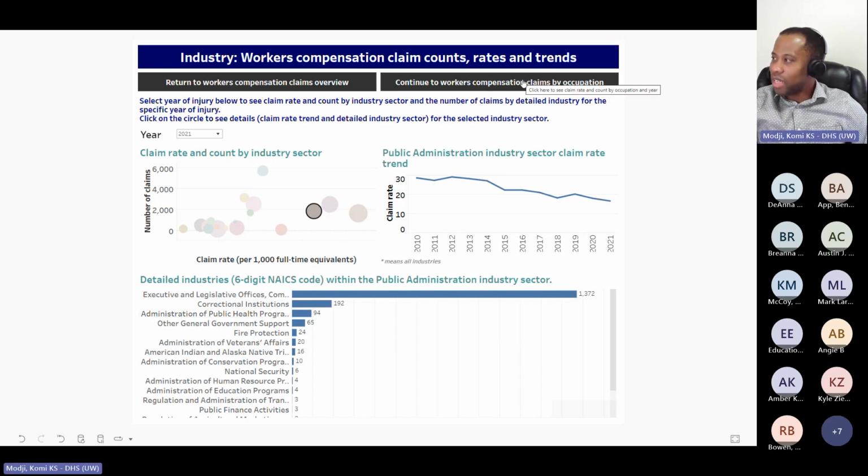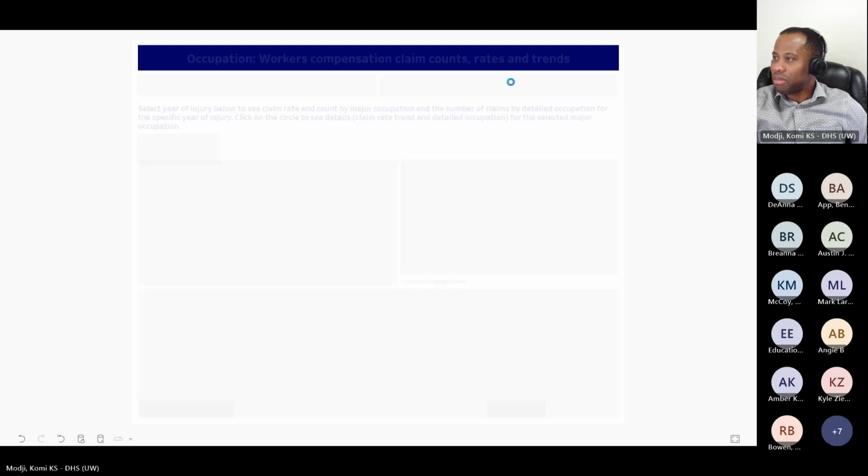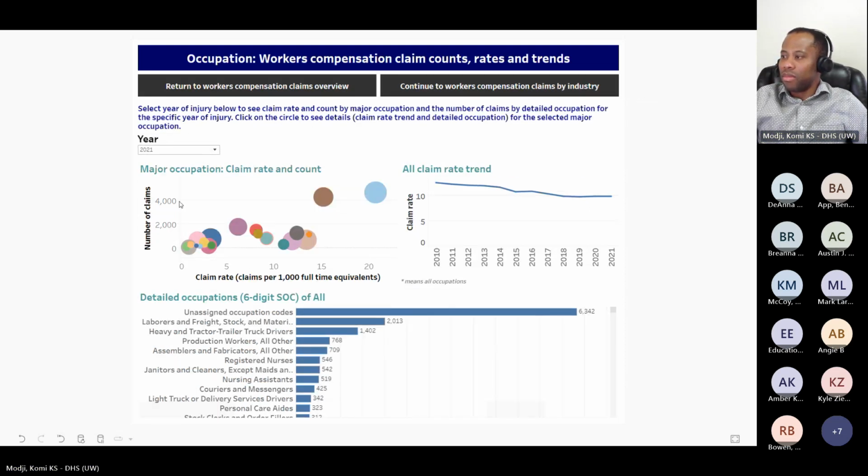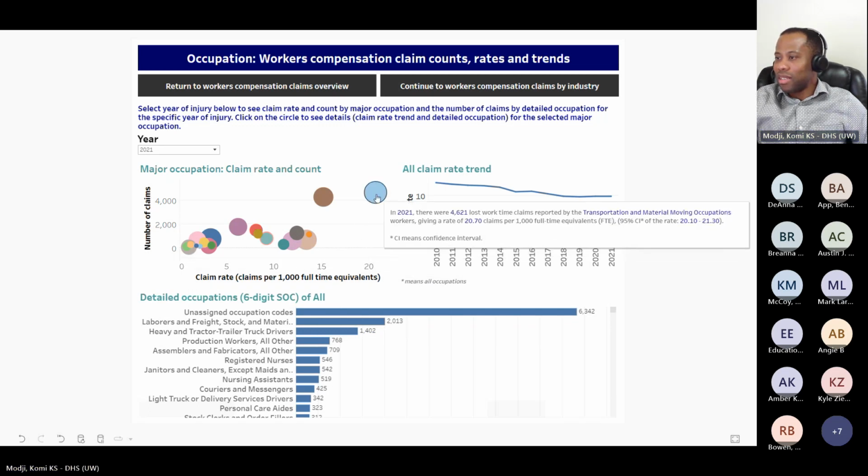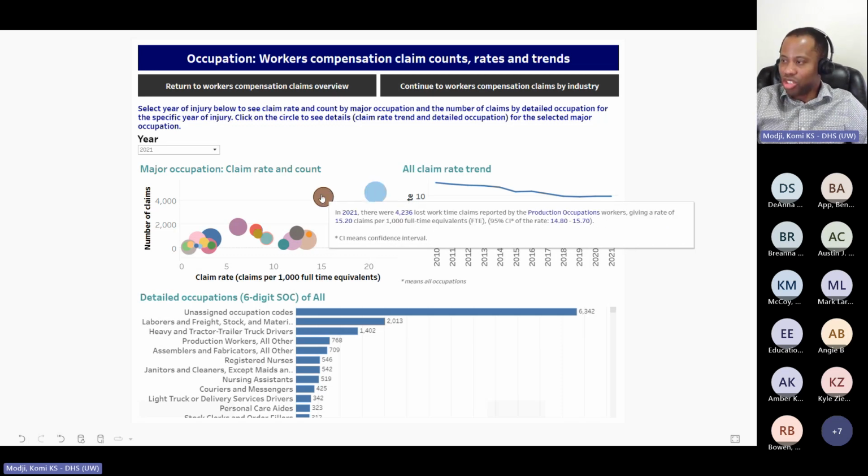And we can do the same exercise with occupation. The same bubble chart with different numbers. We have the claim rate on the x-axis and the number of claims on the y-axis. The occupation with the highest claim count and claim rate is transportation, followed by production.